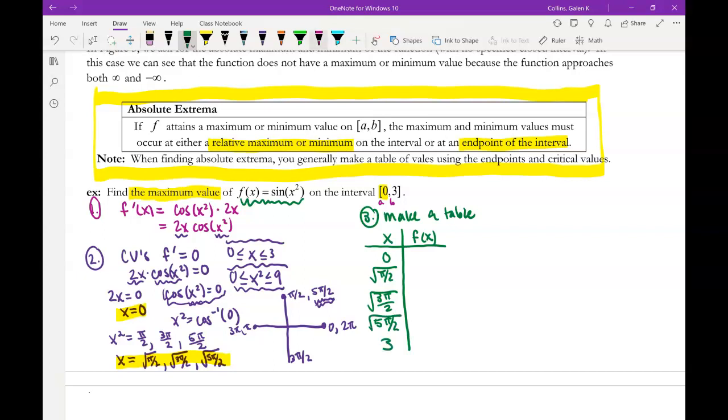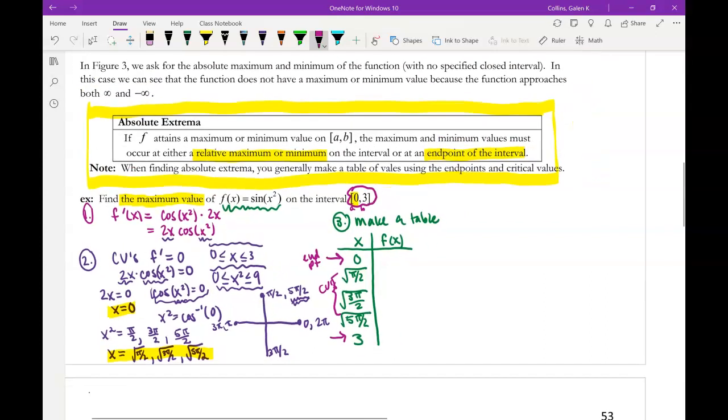So in our table, we've got to include the endpoints of our interval. So these values, the 0 and the 3, and we've got to include our other critical values.